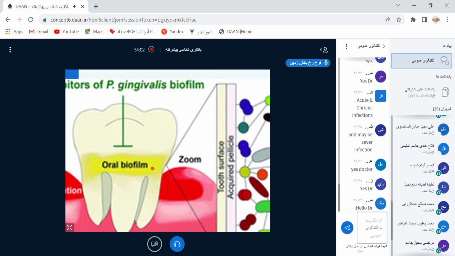The microcolonies of bacteria on the teeth we call the biofilm. They attack the teeth as a group, and by acid production and many enzymes start decaying the teeth, using the teeth as their food.